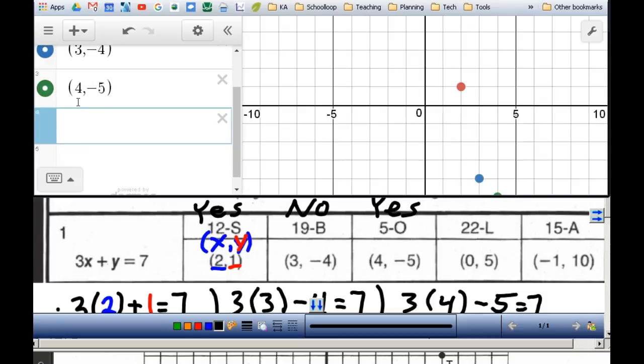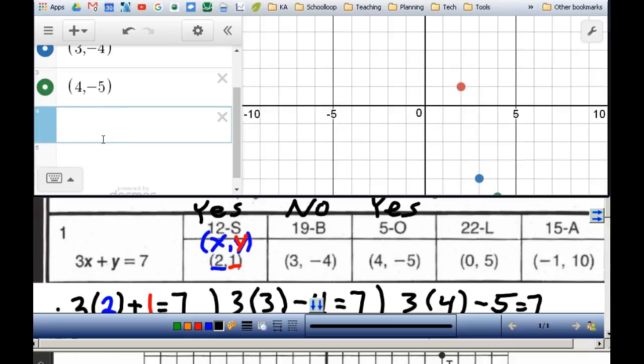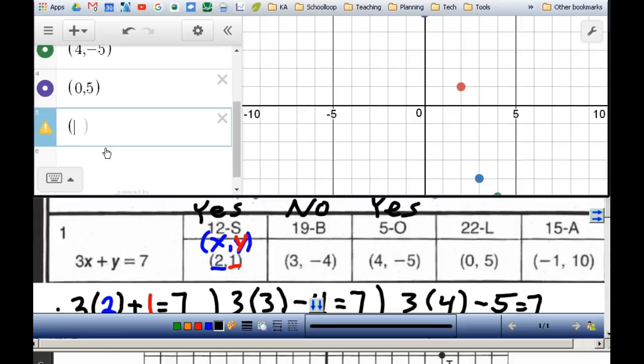The purpose of those parentheses is to give order to our answer, so we know which one's the x answer and which one's the y answer, since we have 2 answers. So we have to put them in the right order, very important. We have to use the parentheses. So we should have 5 entries.